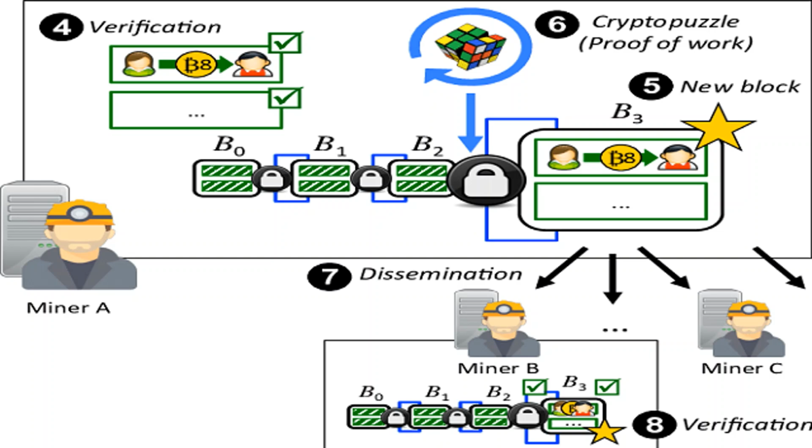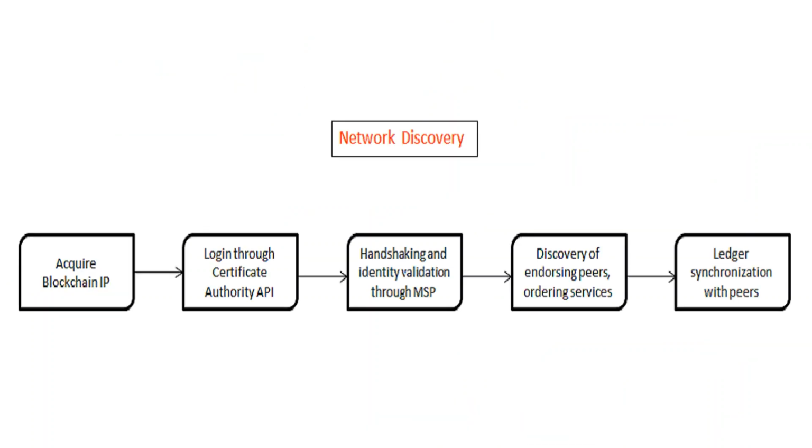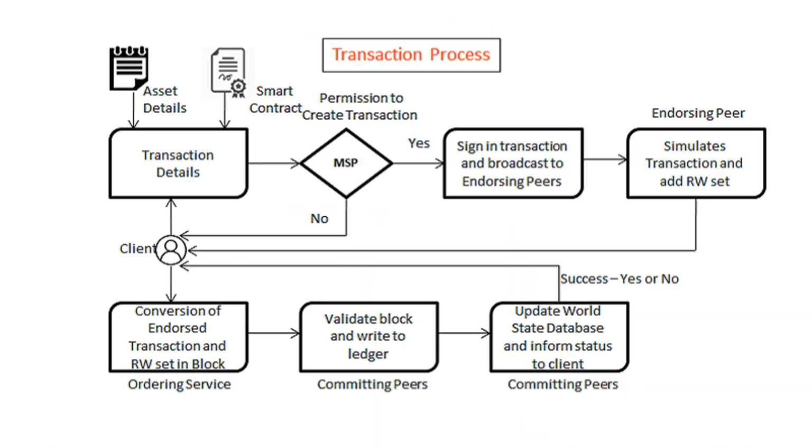These users operate DLT through processes in the following sequence: network discovery, transaction creation, including asset creation and developing smart contract, block generation and submission, which is nothing but mining and consensus process, and finally blockchain validation.